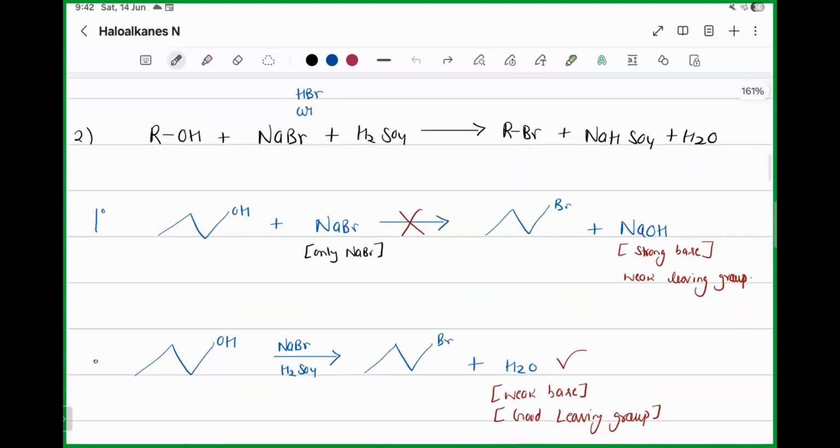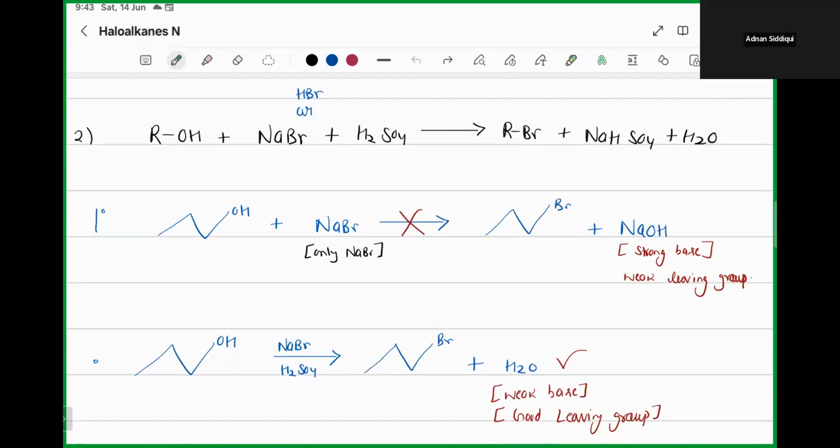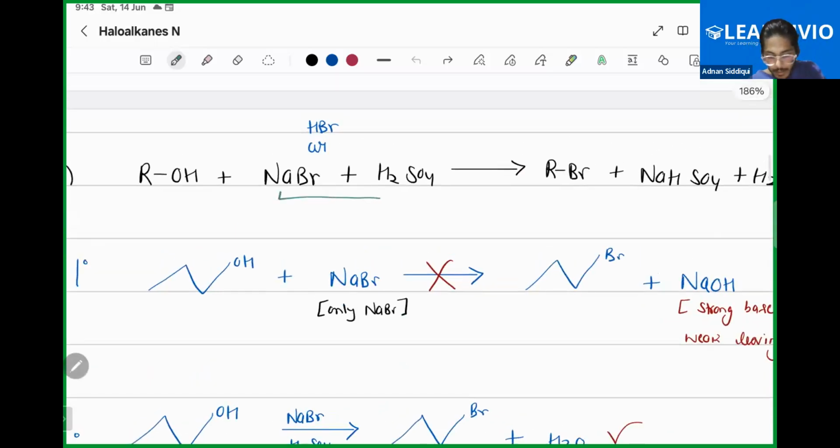Right? The second method. Now again, let me open my pen. See, now the second method: we are going to start with alcohol again and change the reagent. Now we are using NaBr plus H2SO4. H2SO4 is an acid.